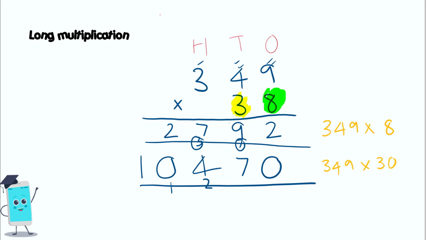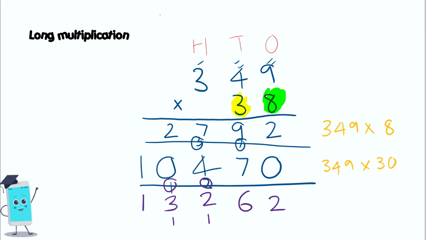If you want to pause the video and check, do so. And then finally, I need to add up my amounts. 2 plus 0 is 2, 9 plus 7 is 16, 7 plus 4 plus 1 is 12, 2 plus 1 is 3, and 1 plus nothing is 1. Now, what you need to be careful of is when you're adding in your columns that you don't add these little bits, which is why some people carry their numbers up the top.